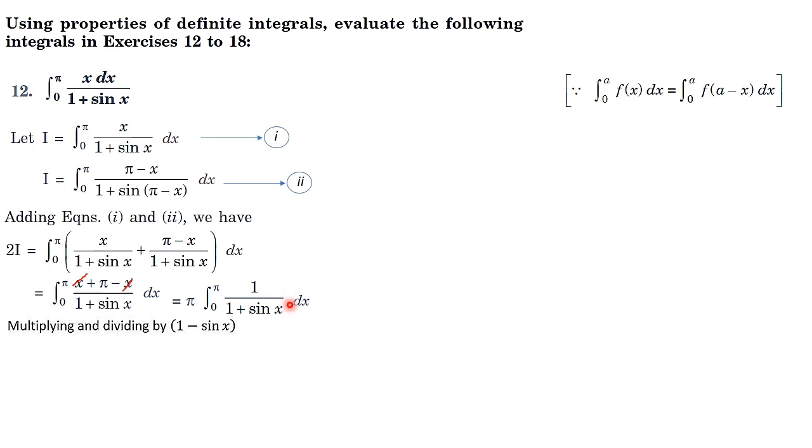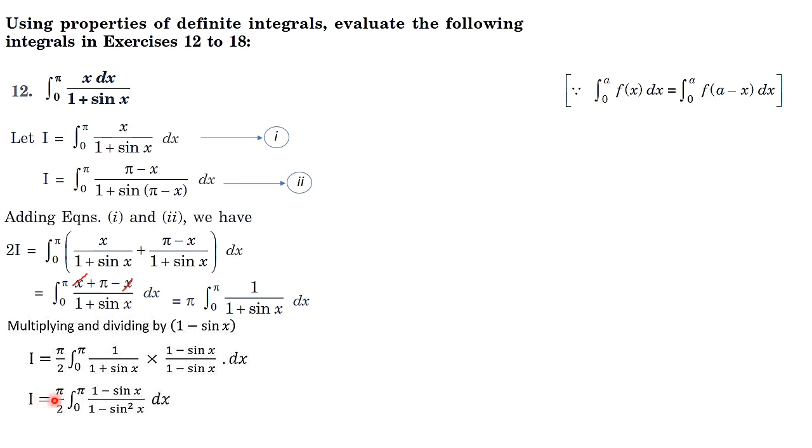Just take it and multiply in the numerator and denominator. So it will be I is equal to pi by 2, where the 2 has come to the denominator, into integral 0 to pi of 1 by 1 plus sin x as it is. Then take the conjugate and multiply in the numerator and the denominator, 1 minus sin x by 1 minus sin x.